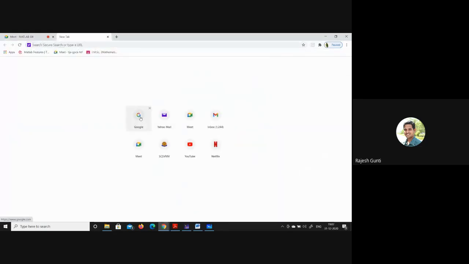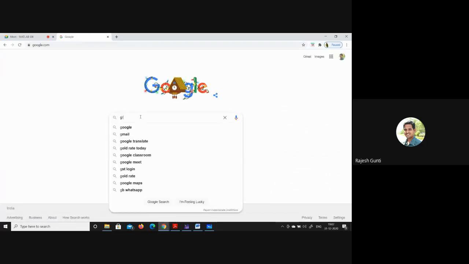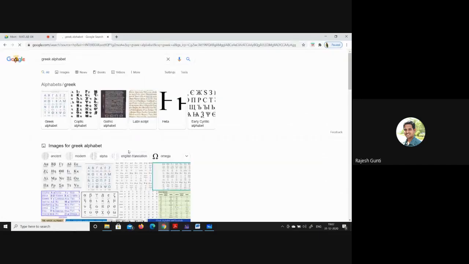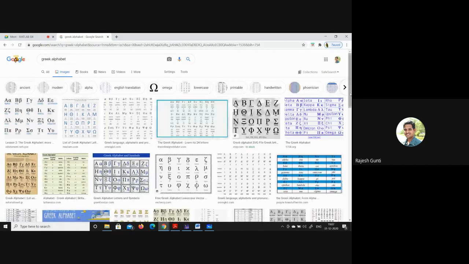If you see any Greek literature, A is nothing but alpha, B beta, gamma. Very interesting thing, this one. Alpha means A, beta means B, gamma means this one. Another alphabet I want to see. Okay, this one.